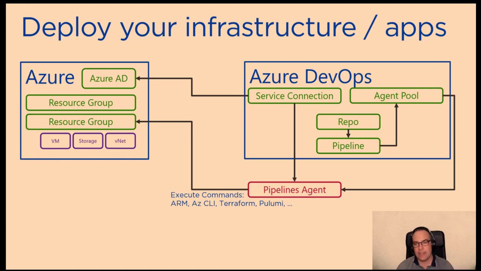So there is a dedicated task to execute Azure CLI. You only have to type your CLI script. You do not have to bother about any logins, etc. This is all done by the pipeline infrastructure.